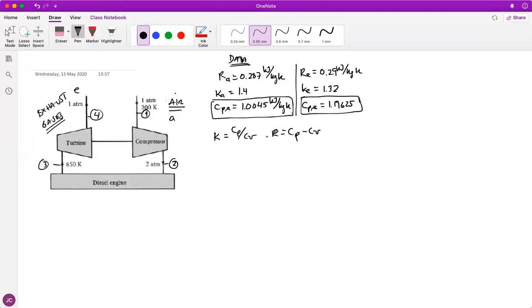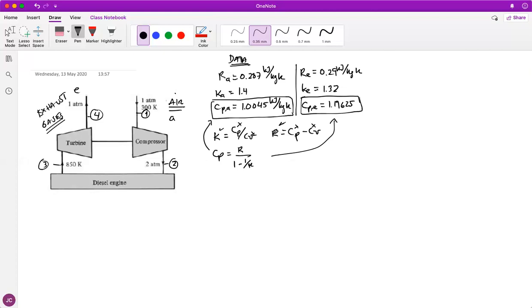Therefore, with some algebra, because you don't know these two but you know the others, which are raw data, you can get Cp equals R divided by 1 minus 1 divided by K. That's how I got these two values, just some algebra with the raw data.